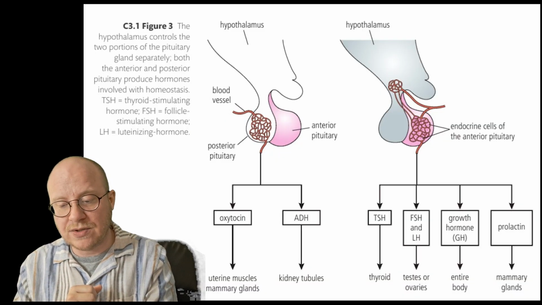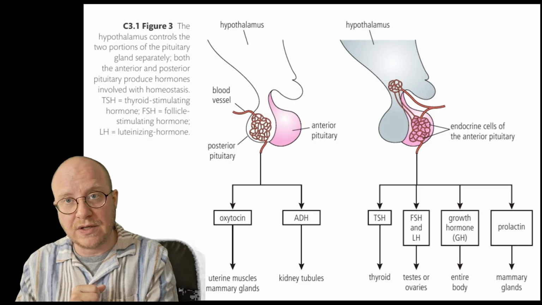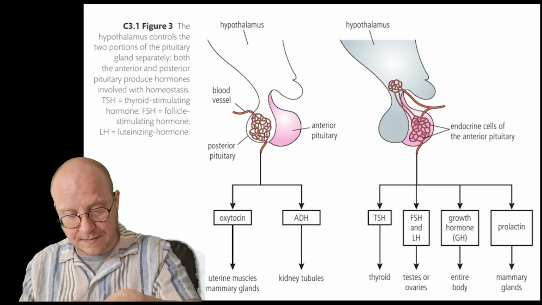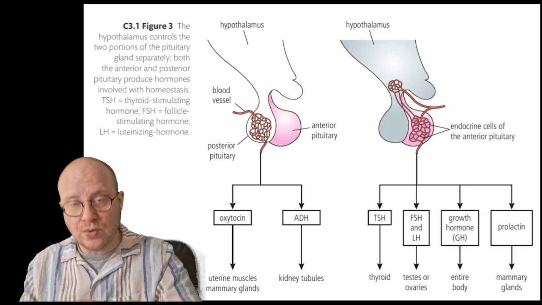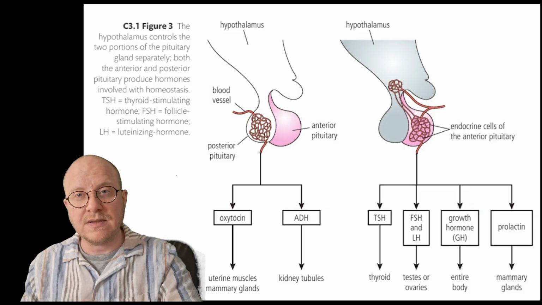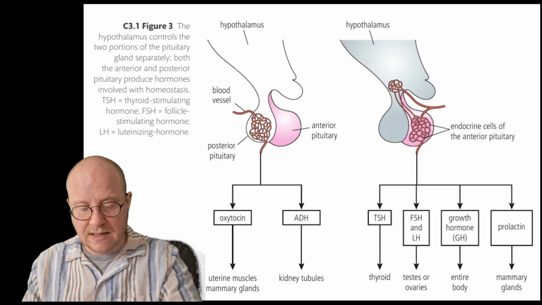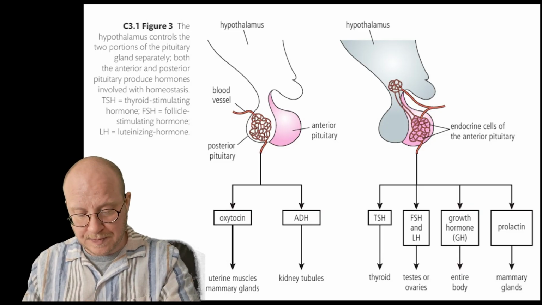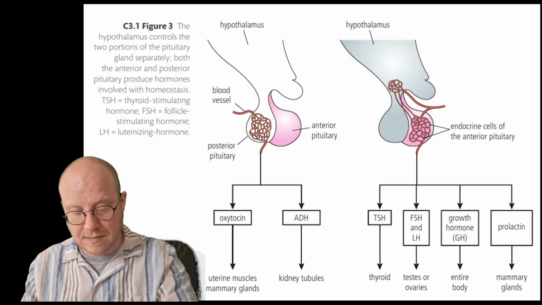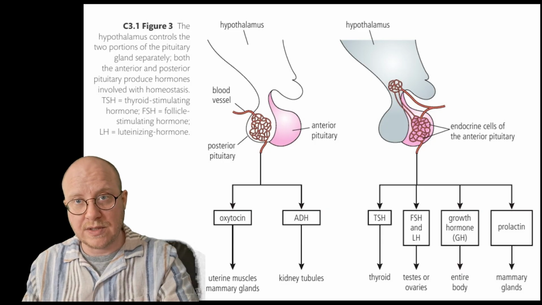The target tissues of some other pituitary hormones controlled by the hypothalamus are shown in figure 3. Look at all that. Oxytocin targets the uterine muscles, that's the muscles around the uterus, and the mammary glands, so the breast tissue that produces and releases milk.